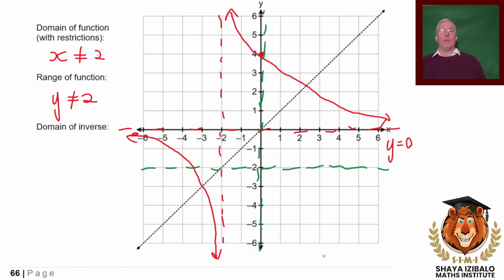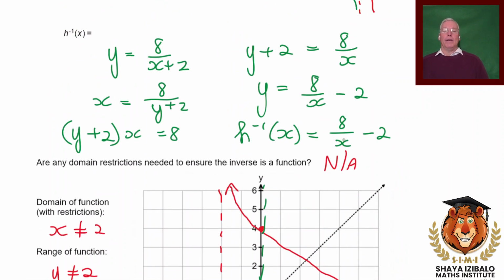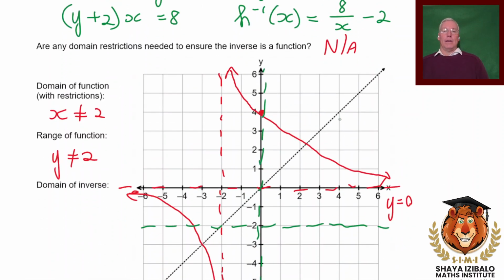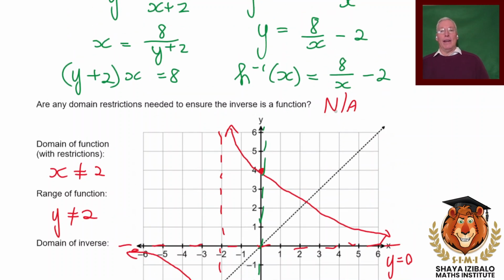Okay, and in fact, we can work out what it's going to do. This one is not going to have a y-intercept, but it's going to have an x-intercept. It's going to have an x-intercept when y is 0, right?